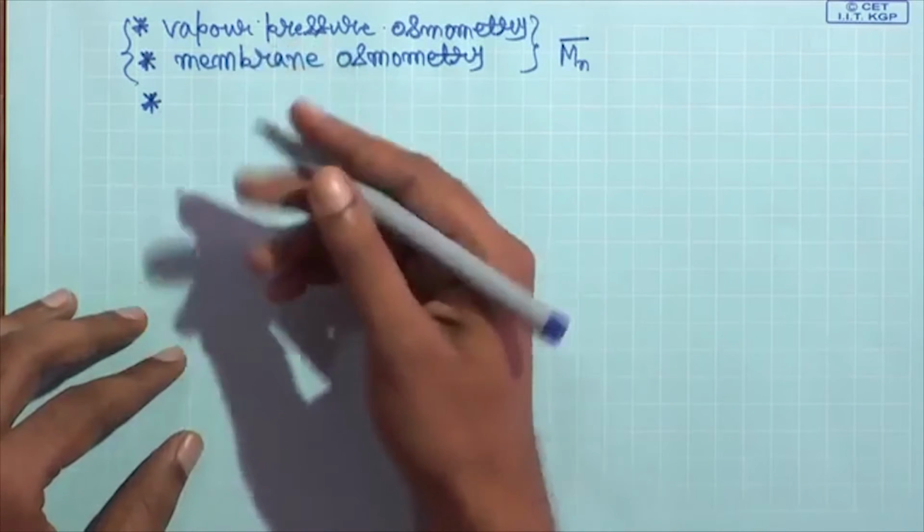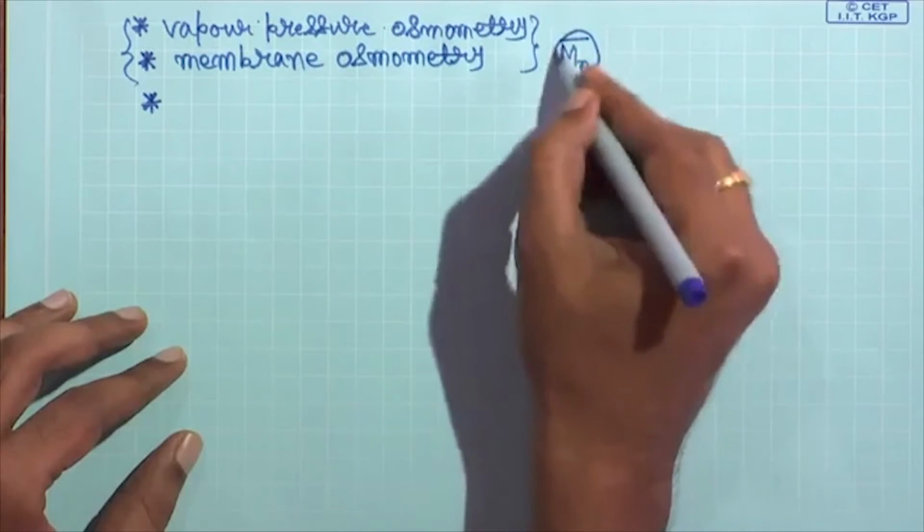So, what are the colligative properties? There are different ways to determine this value of Mn.